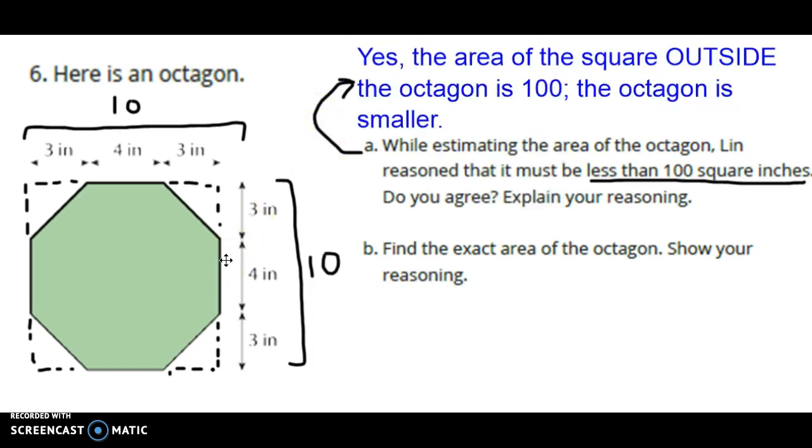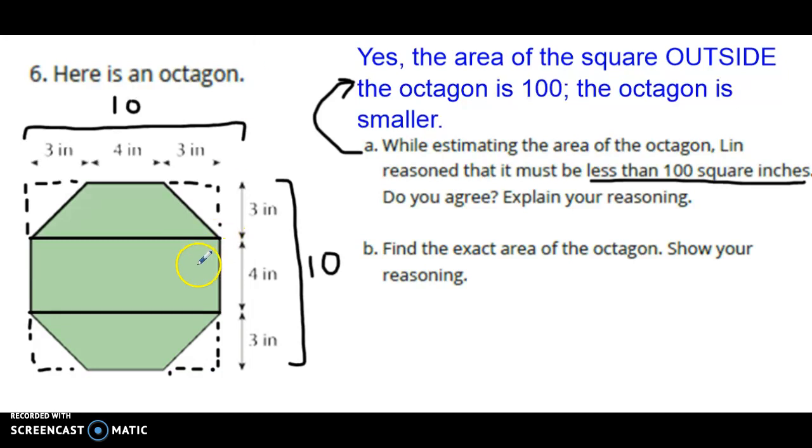Now B is where we get really, really tough. This is where I'm going to use my line tool to really show you guys how to break this up into different shapes. Okay, I'm going to start by breaking it up so that I have a rectangle. And then I'm going to label the sides of my rectangle.